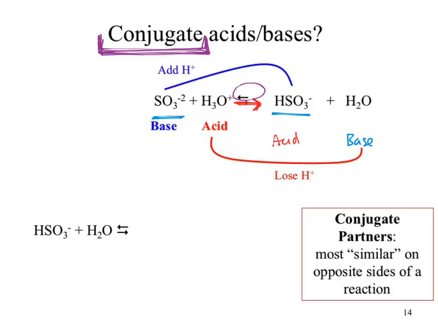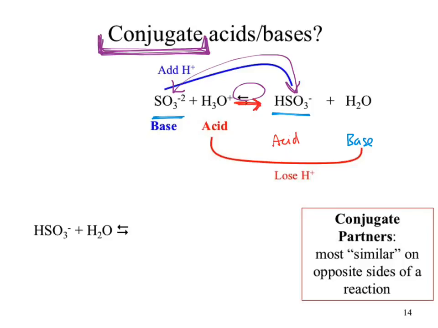When we're looking at our reactions, the same thing is happening. SO3 minus 2 and HSO3 minus are conjugates of each other. They are related to each other. H3O plus and H2O are related to each other. They are conjugates of each other. So we have this idea of conjugate pairs.